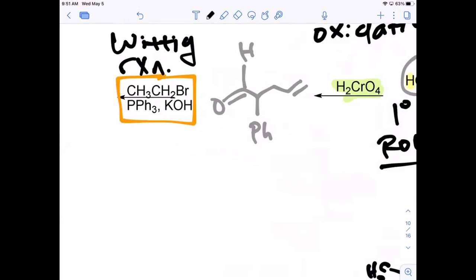Which one is the carbon that's going to replace oxygen and make that aldehyde into an alkene? It's always the carbon that's connected to the halogen. So it's the CH2. So what's the shortcut? Let's think about that. What am I taking off of that molecule to get it ready to substitute that oxygen?